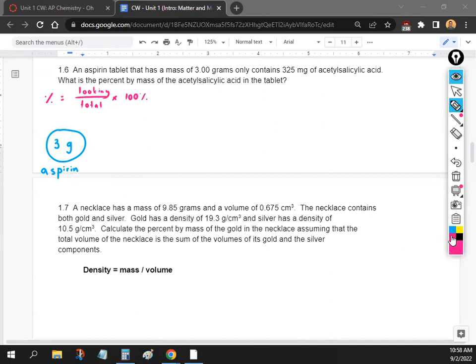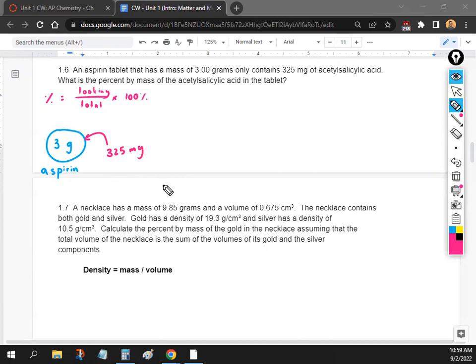The entire tablet weighs 3 grams, but inside that tablet you have 325 milligrams of acetylsalicylic acid. That's called the active ingredient.